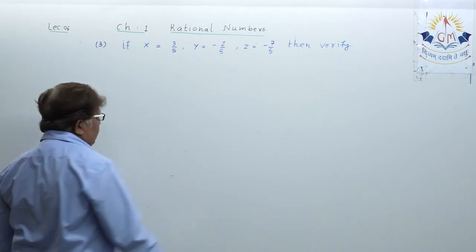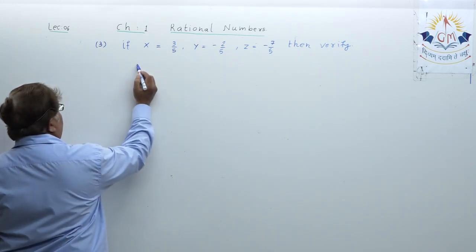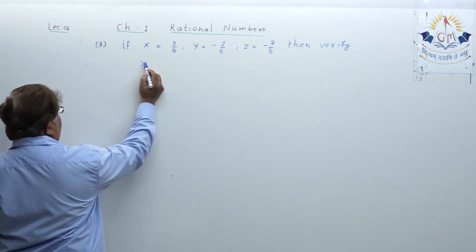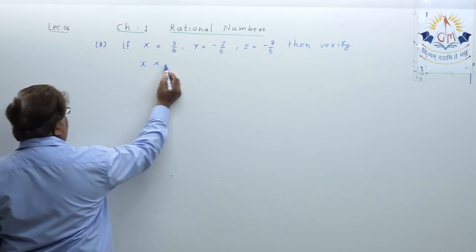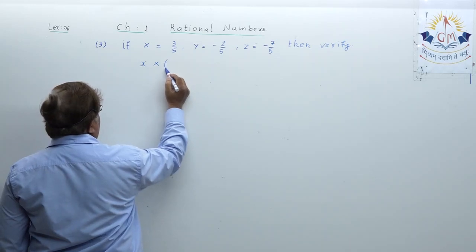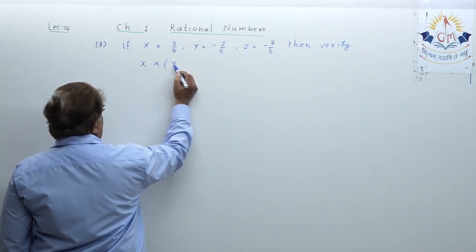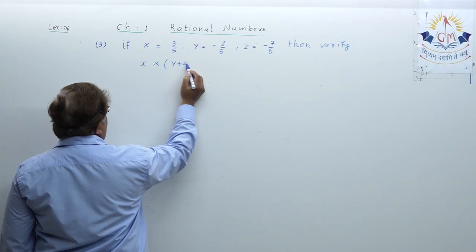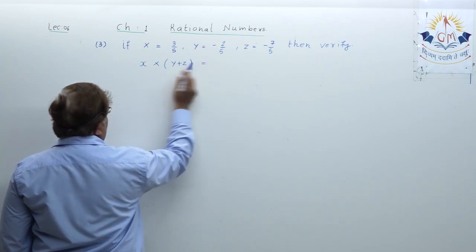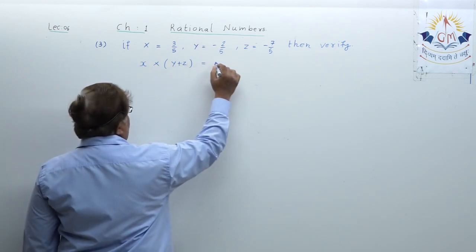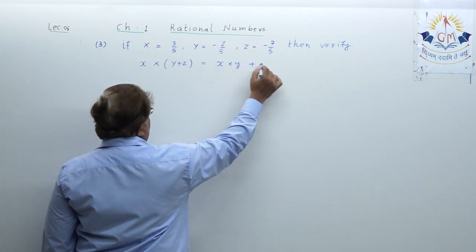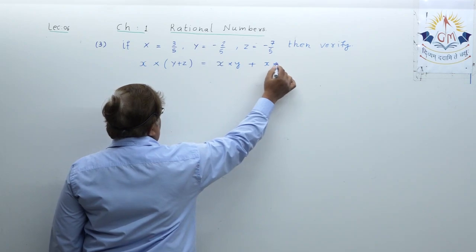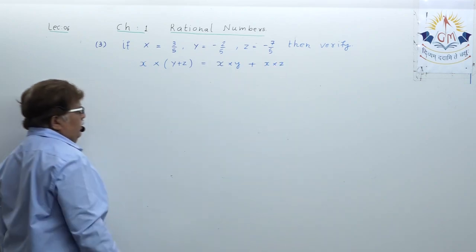This is the verification you need to do: x multiplied by y plus z equals x multiplied by y plus x multiplied by z.